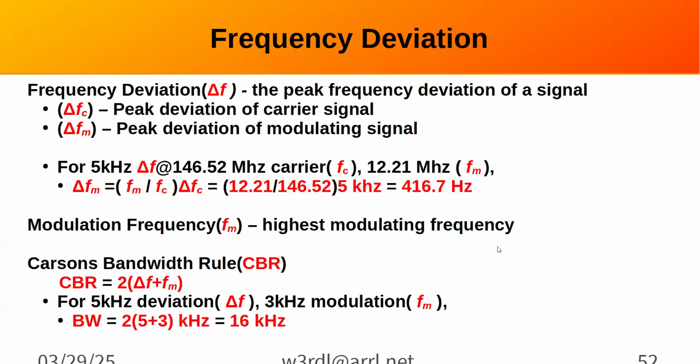Frequency deviation, which is delta F, came up in the previous formula for the peak frequency deviation of the signal. We use delta FC for the peak deviation of the carrier and delta FM for the peak deviation of the modulating signal, and the deviation ratio.